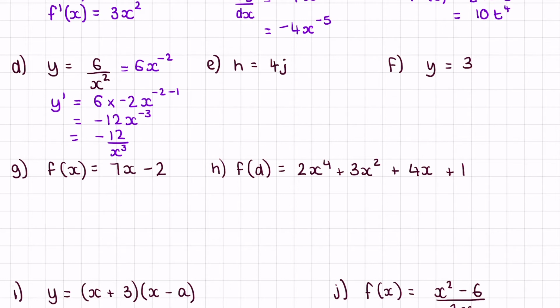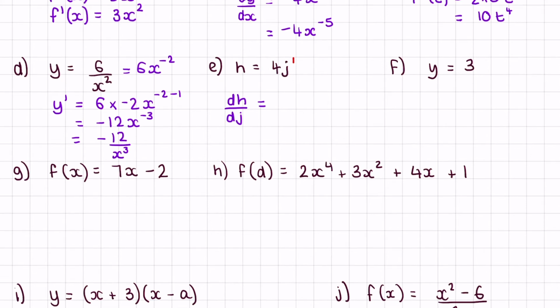E, we have h equals 4j. Now with this one, with the derivative notation here, I'm just going to show you with the d's how this works. So for this one, it would actually be dh over dj, because j is a variable in the equation. Now when we have 4j, remember this j would be to a power of 1. And really easily with this one you can do the process.